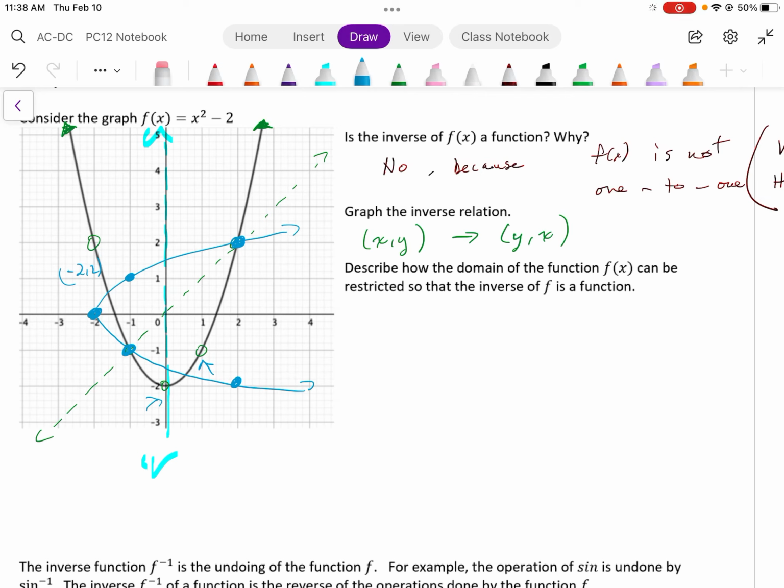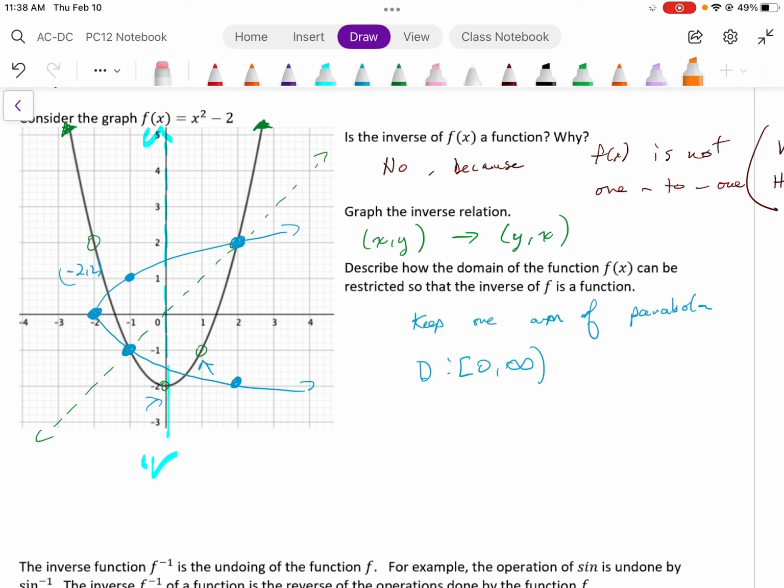And in this case, I'm just going to say, describe how the domain of the function can be restricted so that the inverse of f is a function: keep one arm of the parabola. So that would be in words, and I would just define the domain of my original function f to go from 0 to infinity.